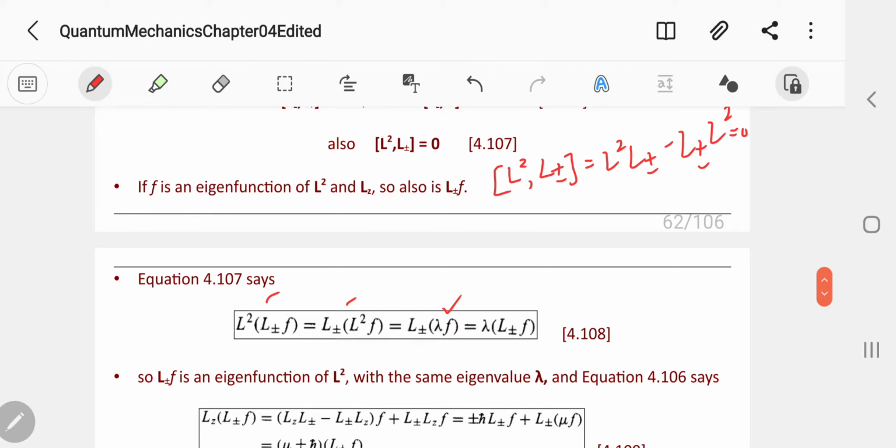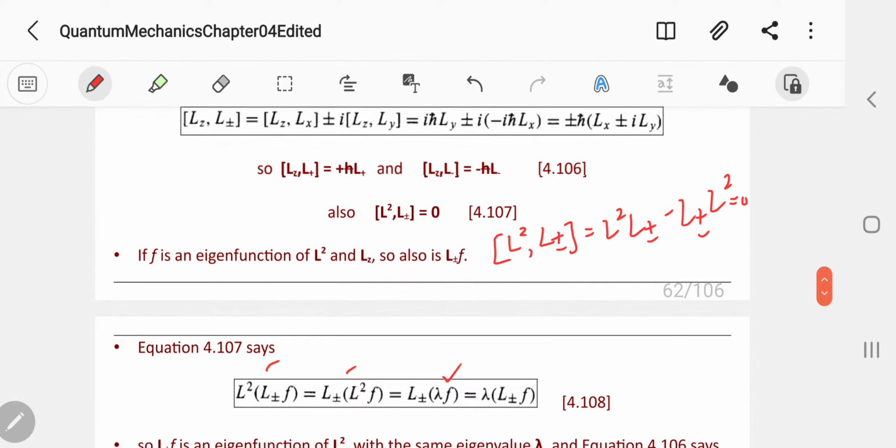So anyway, let's just set aside that. So this is just L plus minus, like Ly and Lx acting on f.